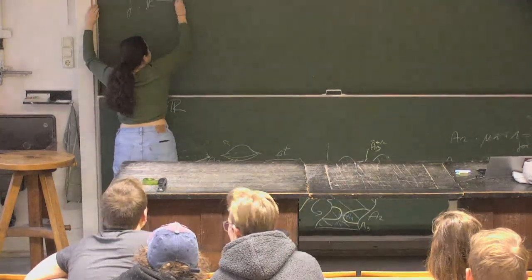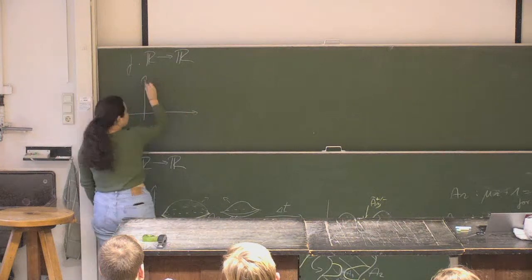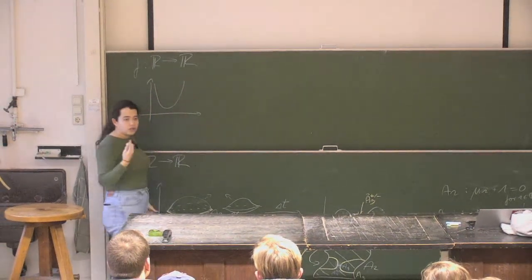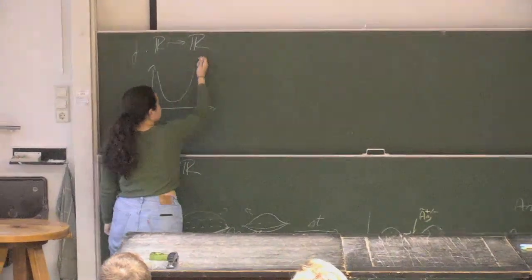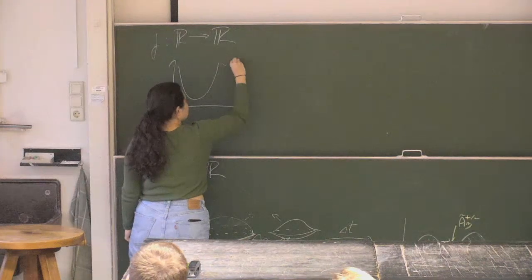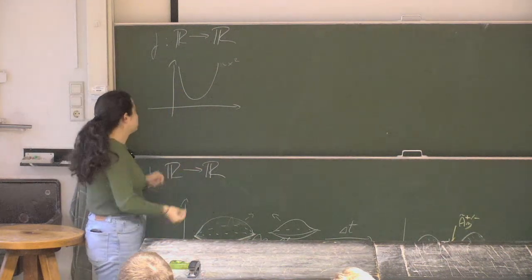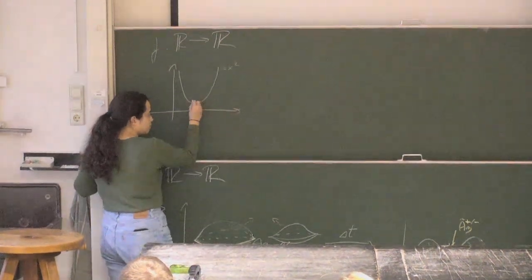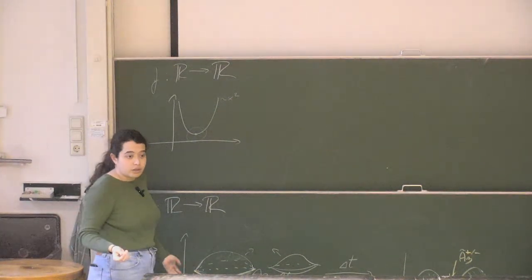When I have a function like this, I'll take a look at polynomials. The first function that has a critical point is something that is quadratic. Fine. Then you get this point, and then you know, okay, this can be described by a quadratic thing.